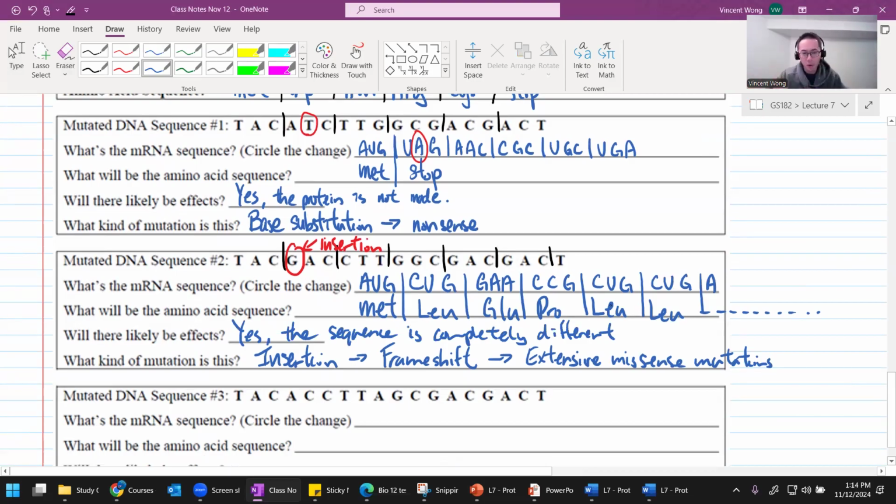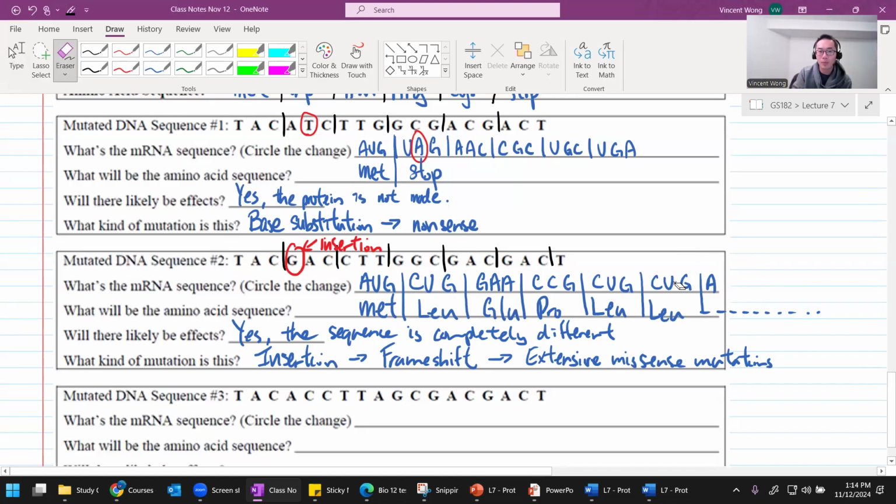I don't even know if this protein is going to do anything. And if it does something, for sure, it's not going to be the same function as the original. It's like the recipe has completely changed. You try to make a cake and you end up making, I don't know, roast pot or something, right? Totally different.